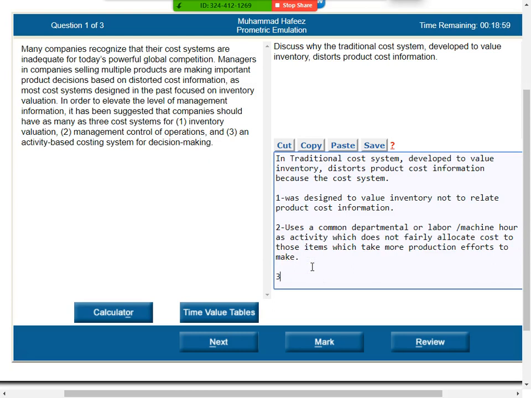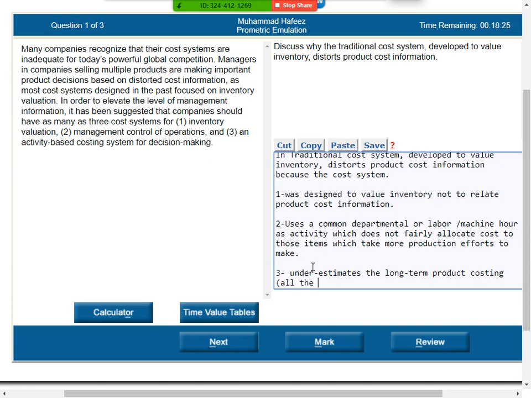The third point that you can discuss is that this method underestimates the long-term product costing, because all the costs, fixed or variable, change over the long run.